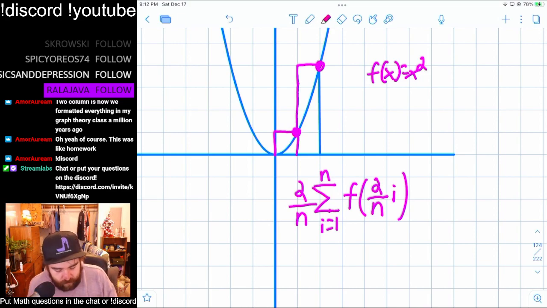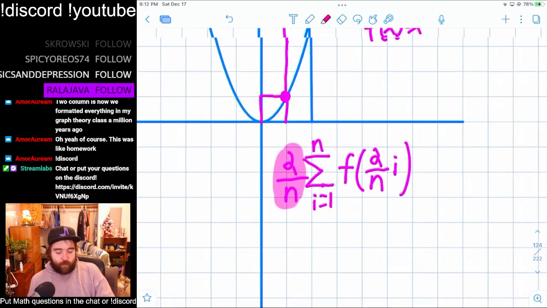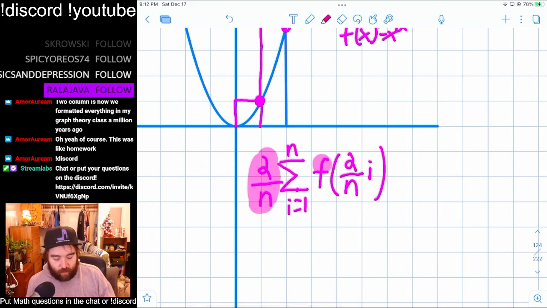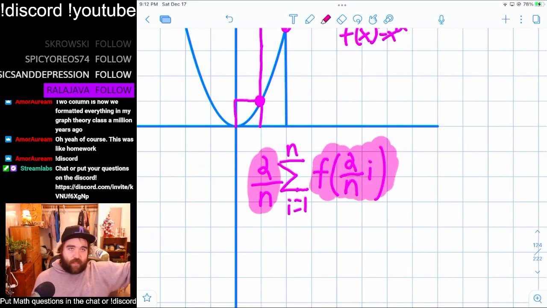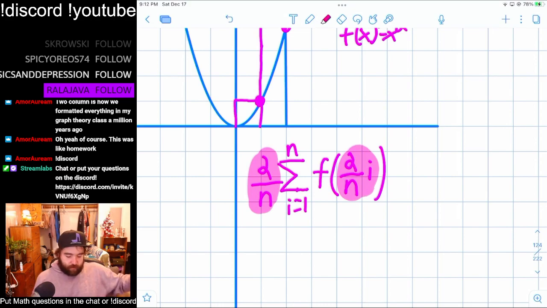So see the anatomy of this. n is how many rectangles. We have the width of the rectangle, which is the entire distance divided by how many rectangles you have, times the sum of all the heights of the rectangles. It's just the sum of the width times the height, but we could factor the width out because it's always the same. The height is different, so it has to stay in. But the height is just plugging in however many widths, i widths, away from the beginning.